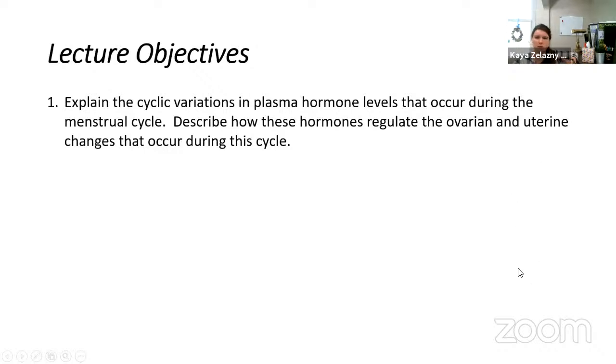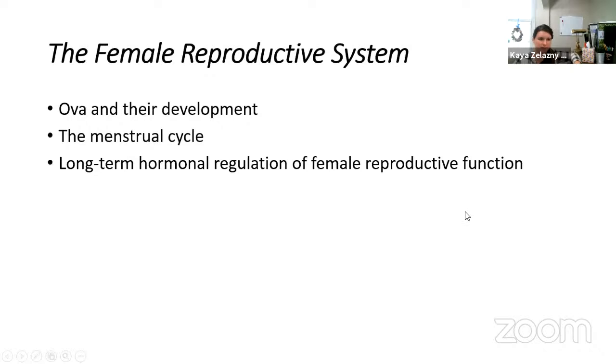And these hormones change on a monthly basis, but they also change over the lifespan. So changes to these hormones are also ultimately going to cause the menstrual cycle to cease eventually in the female lifespan.